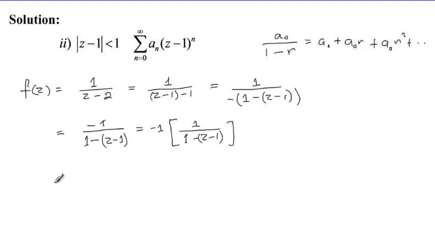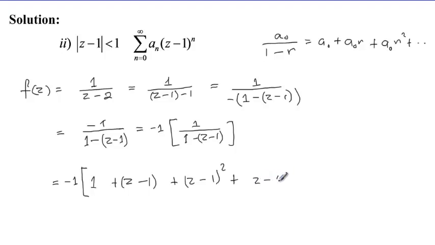So we have a minus 1 as a common factor, and in brackets we put 1 plus z minus 1 plus z minus 1 squared. I'm not writing 1 times that because the initial term is 1, and 1 is the identity for multiplication.